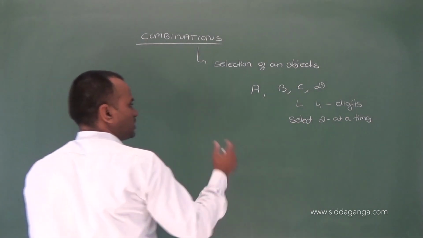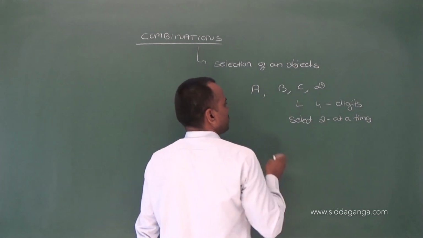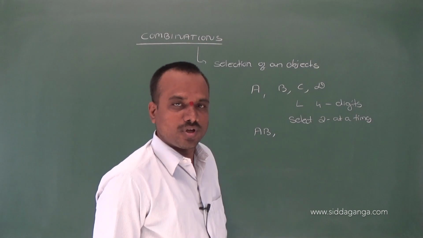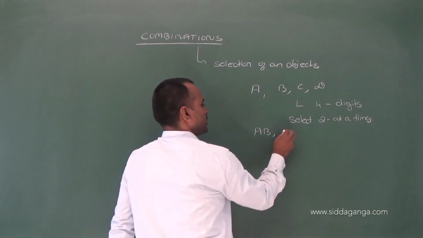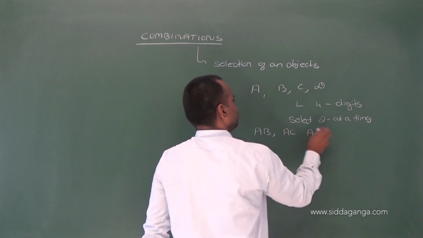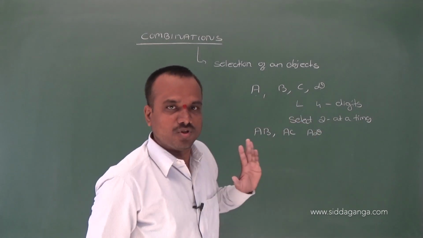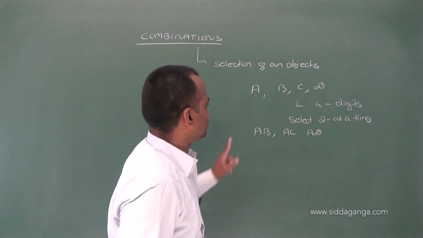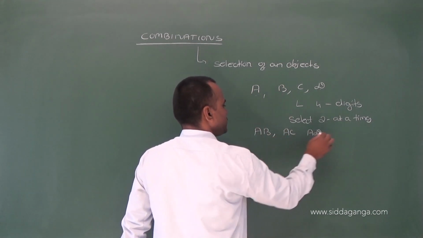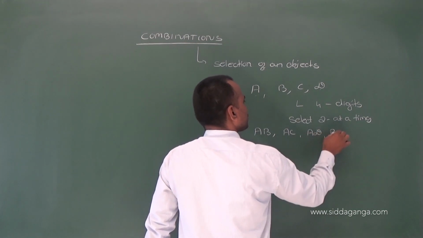So 4 objects are there. We have to select 2 at a time. One is AB. Then AC. Then AD. A is fixed, not first place, second place. A must be fixed. Then I have to fix B. BA is the same as AB, so it is over. BC, BD.